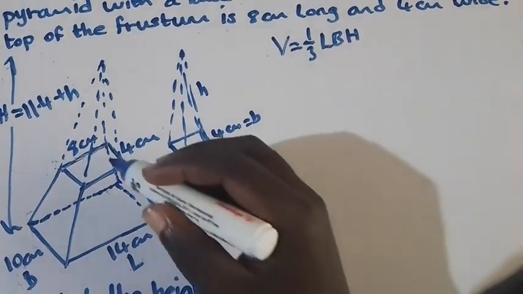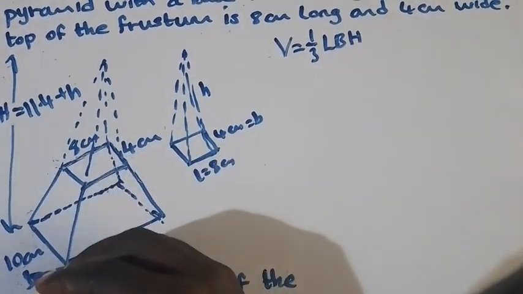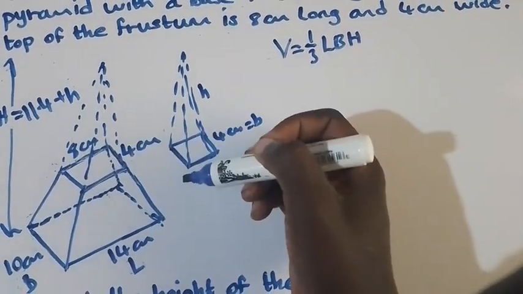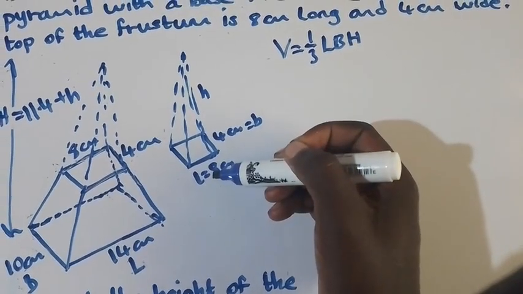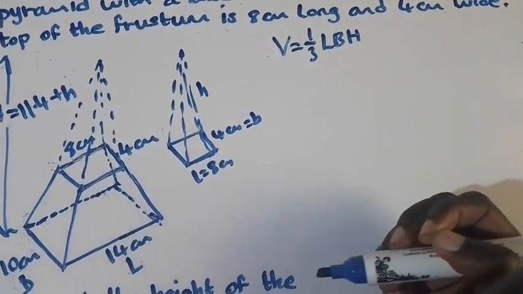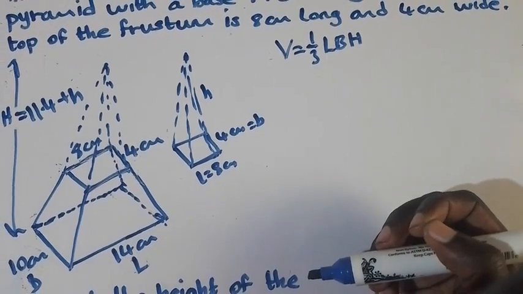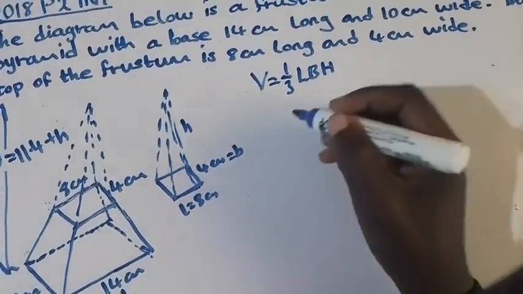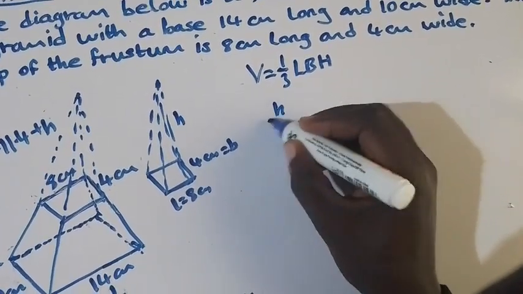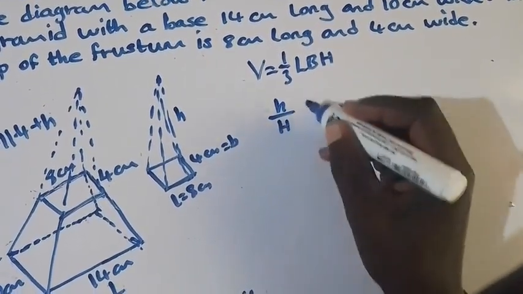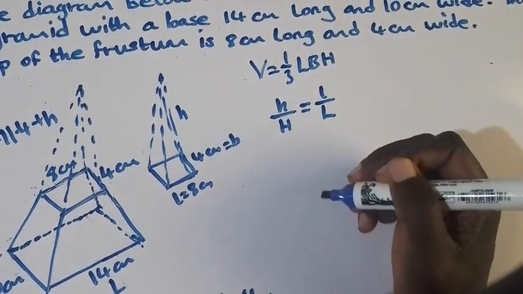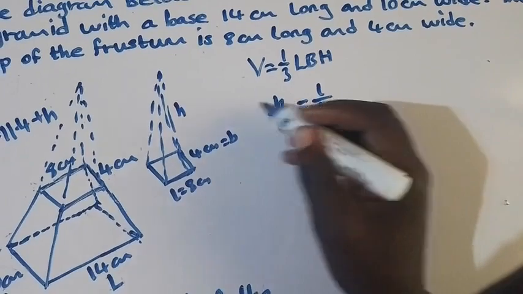If we stick to B, then small letter b corresponds to capital letter B. If we stick to L, then small letter l corresponds to capital letter L. In our case, we are going to use L. So small letter h corresponds to capital letter H, which is equal to small letter l corresponds to capital letter L.